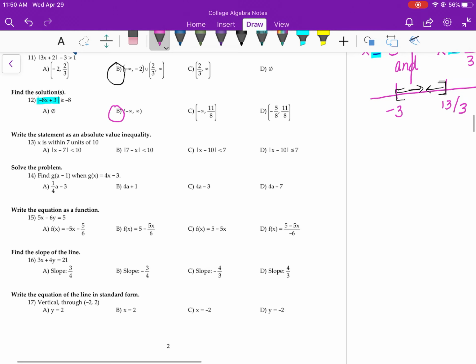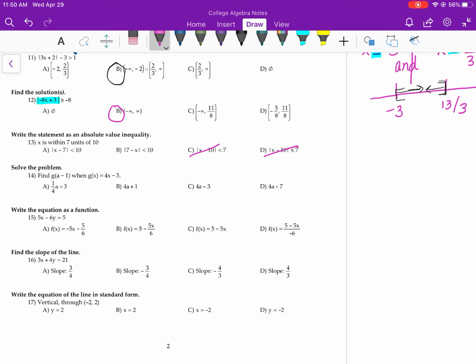Number 13. X is within 7 units of 10. So the 10 has to be on the right side. And I'm going to be 7 above or 7 below.